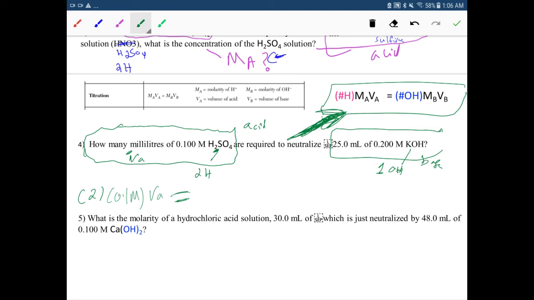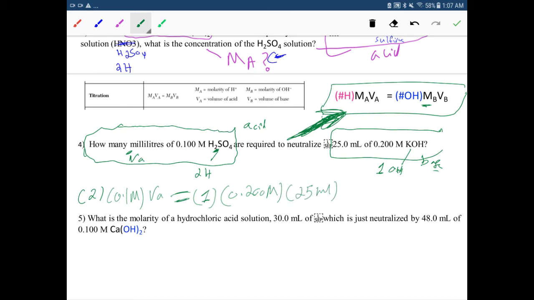Equals number of OH's. The base here only has 1 OH, so the number of OH's is 1, times MB, the concentration of the base, which is 0.2 molar, and then times the volume of the base, which from the base information is 25 milliliters.